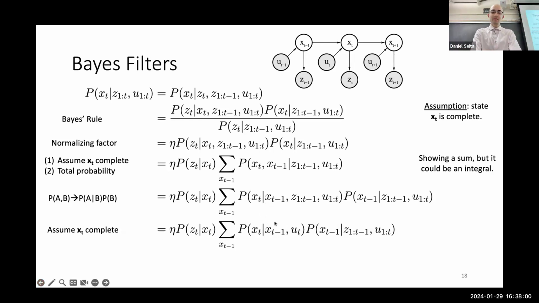So why do you need UT? Basically, the action is going to affect the XT, right? And if you want to look at it from the structure of the Bayes net, using the independence assumption that we covered last week, that's also possible.